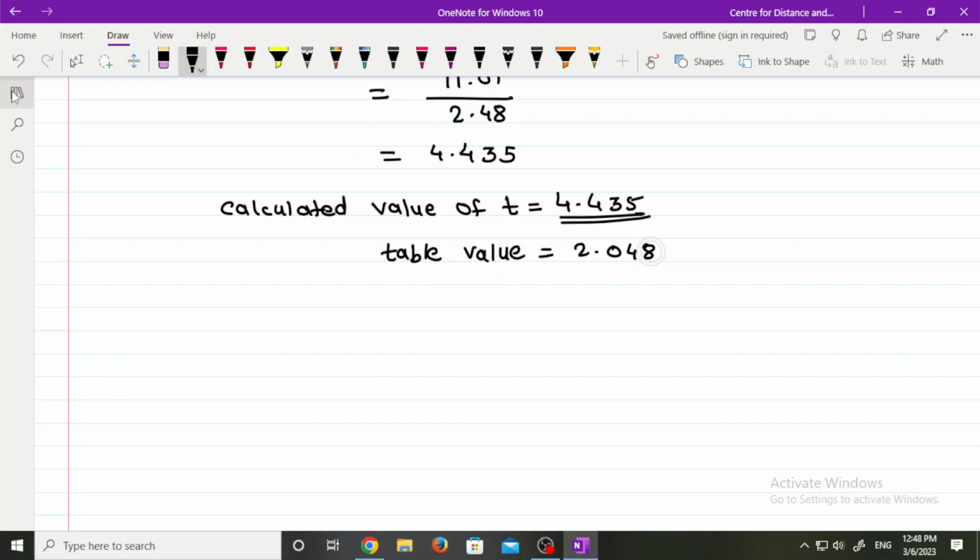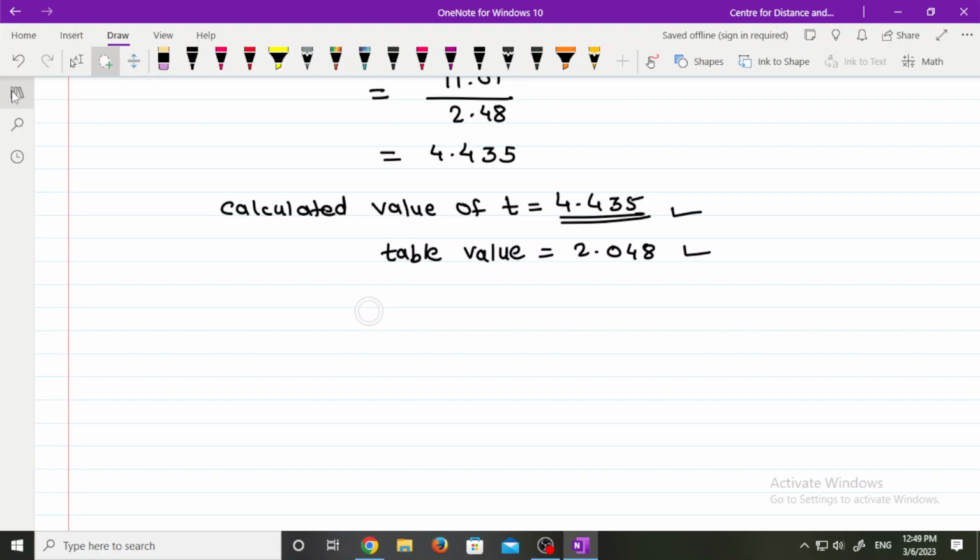This is our calculated value of t, and this is our table value of t. But here the calculated value is greater than the table value. So we have to reject the null hypothesis and accept the alternative hypothesis.